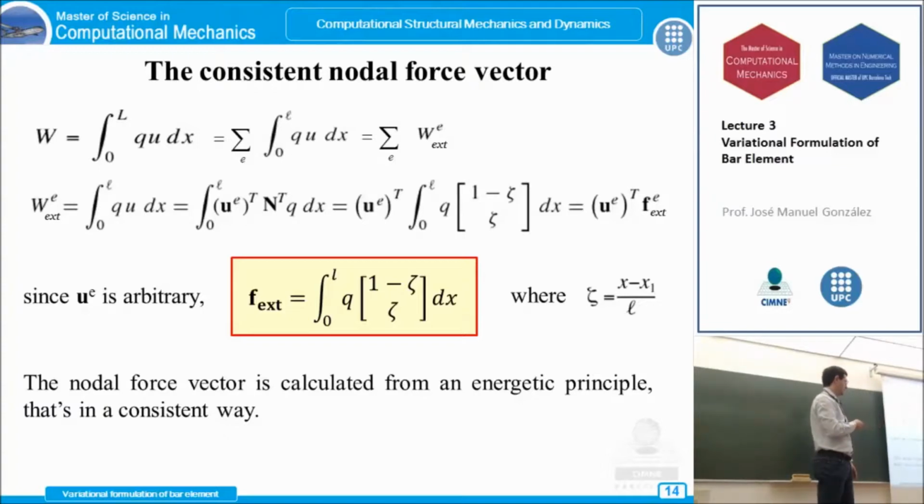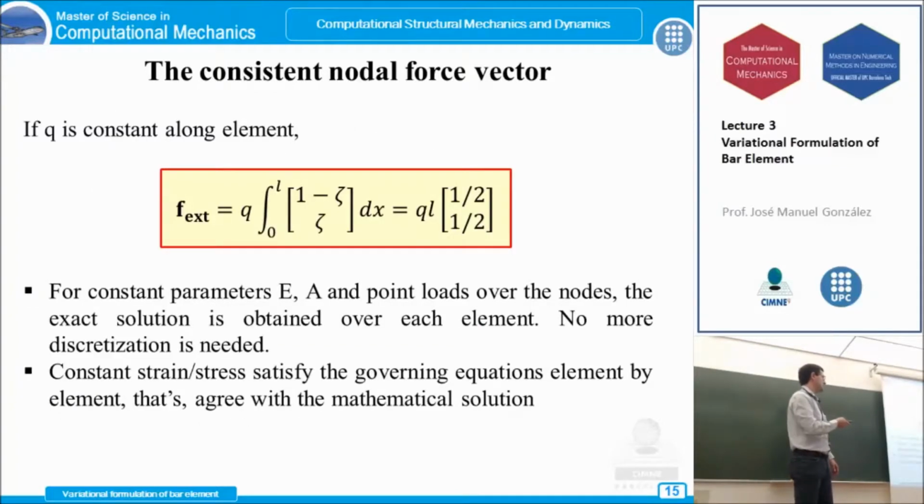total potential energy postulation. Okay, so now we have, in this case, in the particular solution, considering this axial load as a constant, this nodal force vector is calculated this way. So we make the integral of these natural coordinates. Remember, these natural coordinates were sort of triangles over the element. So this integral is always 1/2.